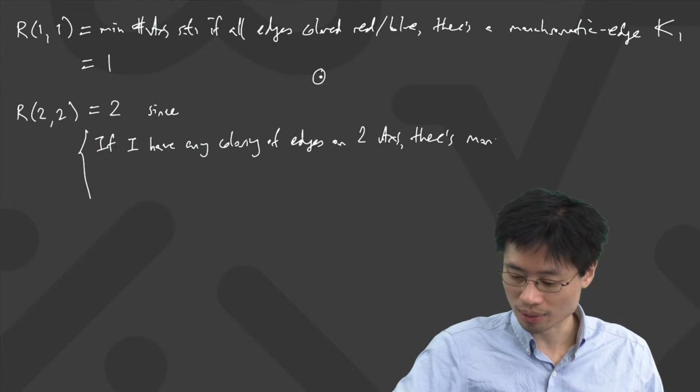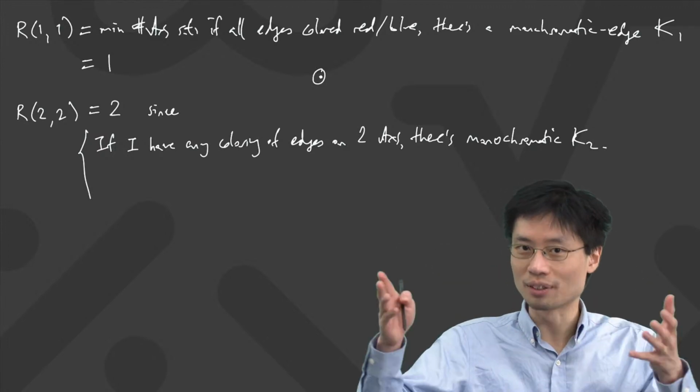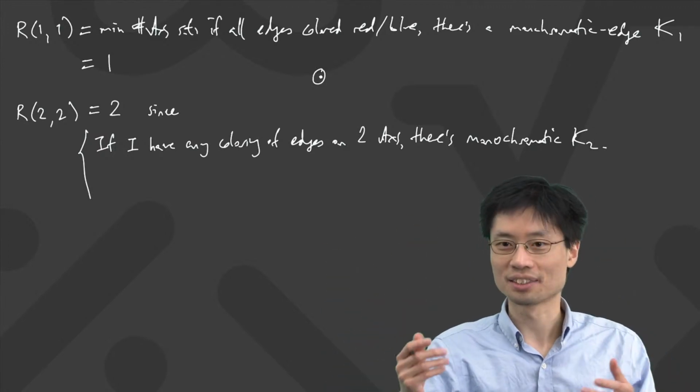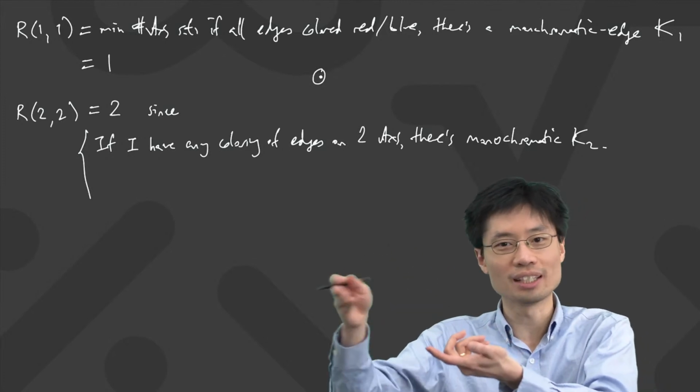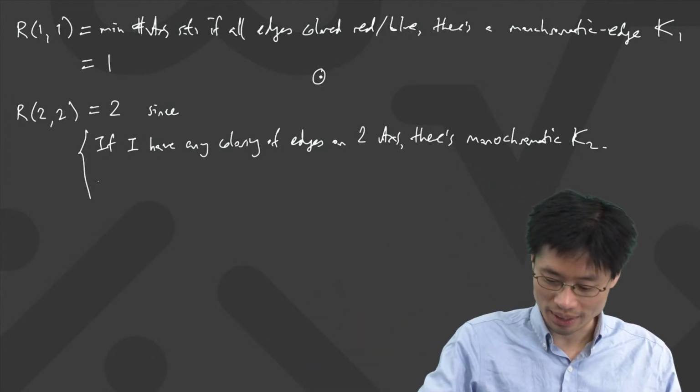Well, that's obvious, because if I have 2 vertices and the edge, bang, it's there, right? Whatever you colored it, that's monochromatic because there's only one edge anyway. But I also need the other piece.